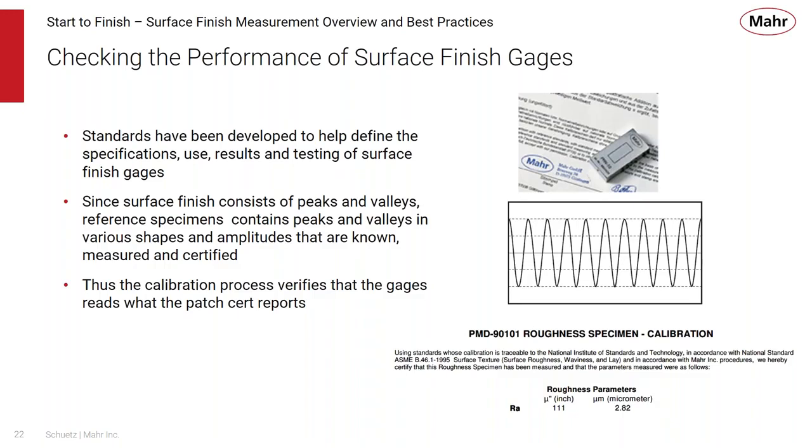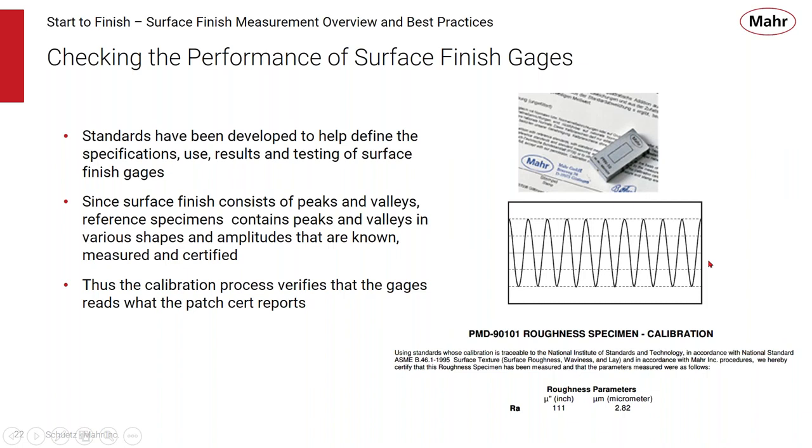Since the surface finish consists of peaks and valleys, reference specimens contain precisely machined in peaks and valleys in various shapes and amplitudes that are known, they're measured, and they're certified. Thus, the calibration process, well, basically taking the surface finish test specimen, measuring it with the surface finish gauge, ensures that the system is reading properly.